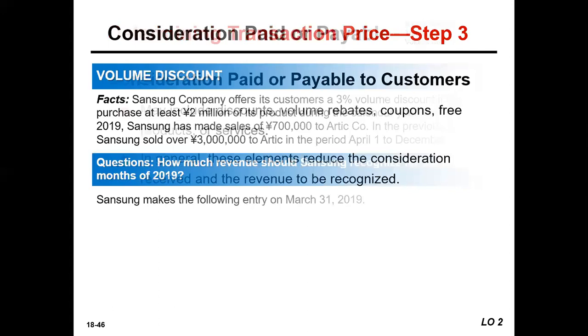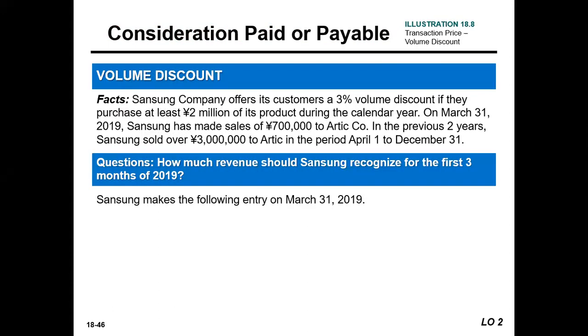On March 31, Samsung has made sales of 700,000 to Arctic Company. In the previous 2 years, Samsung sold over 3 million to Arctic in the period April 1 to December 31. Questions. How much revenue should Samsung recognize for the first 3 months of 2019?